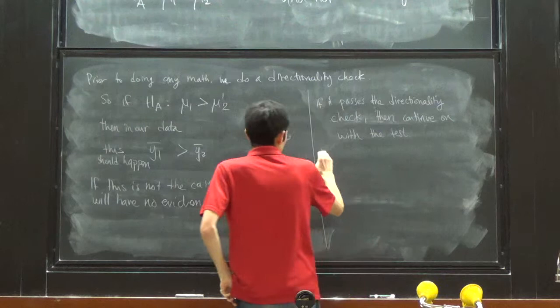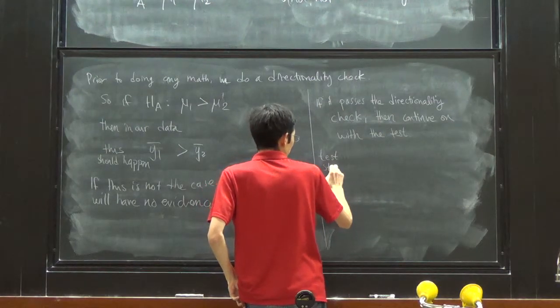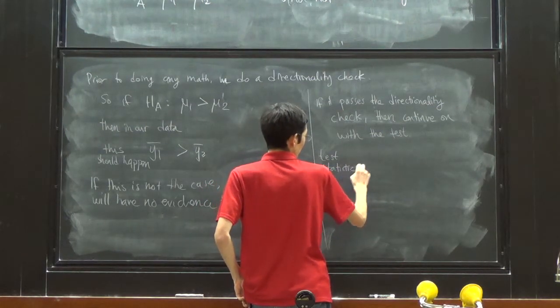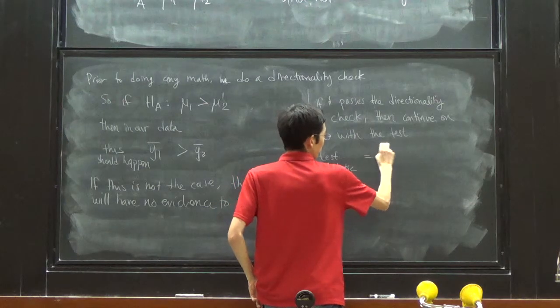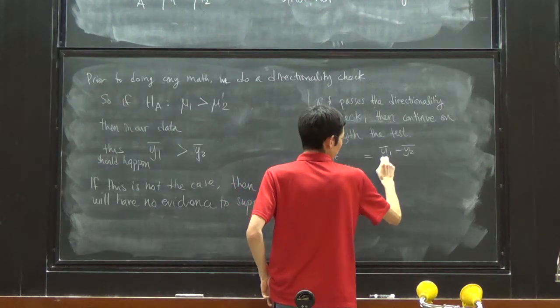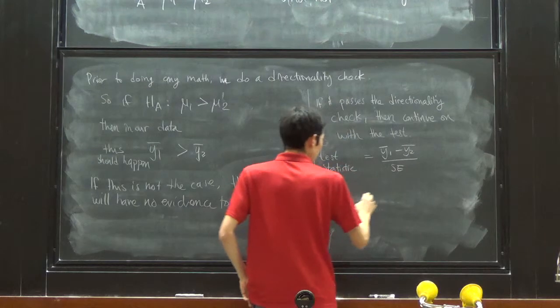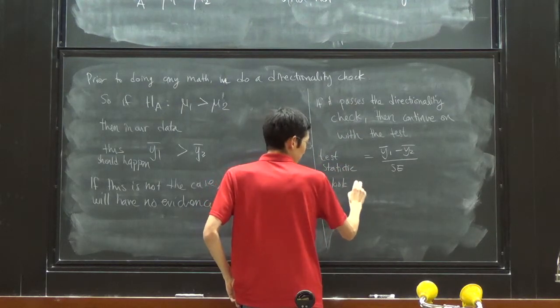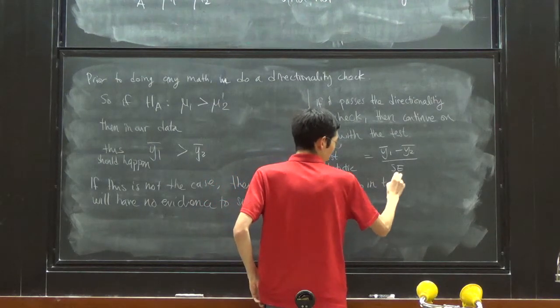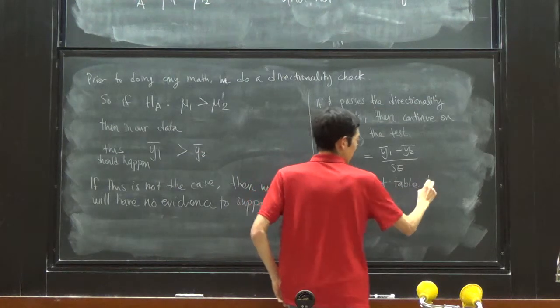You find your test statistic, which would be y bar 1 minus y bar 2 over the standard error, and look up in the t-table to get a tail area.